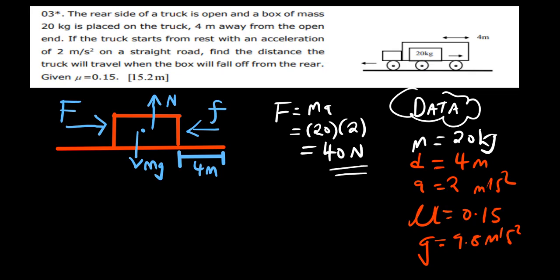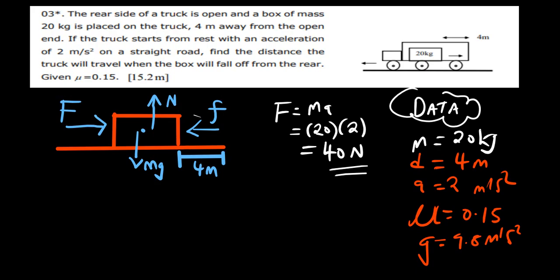But now, what forces are going to be acting in the x direction? Because this object is going to be moving in the x direction. So what forces are going to be acting on it? You're able to see that you have the force and the friction force itself.